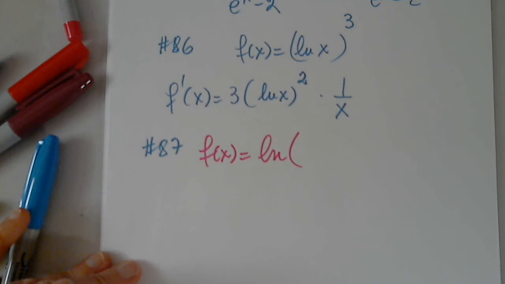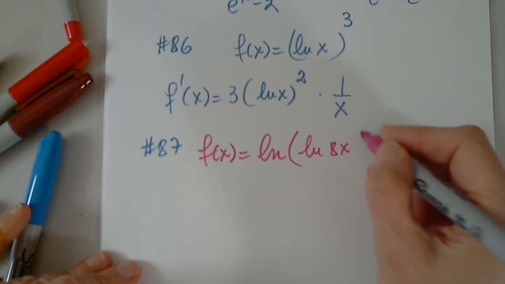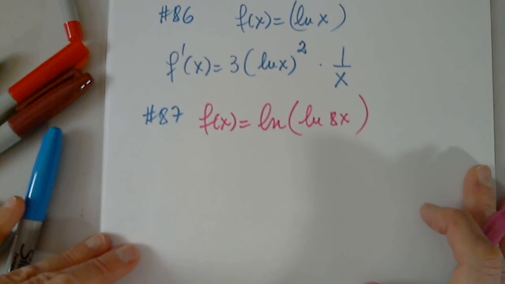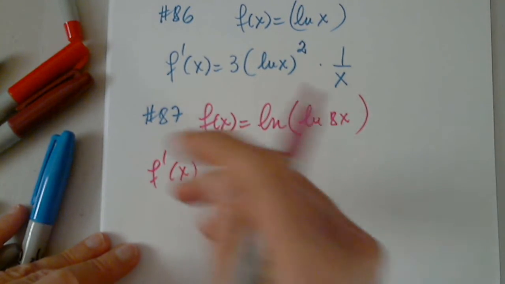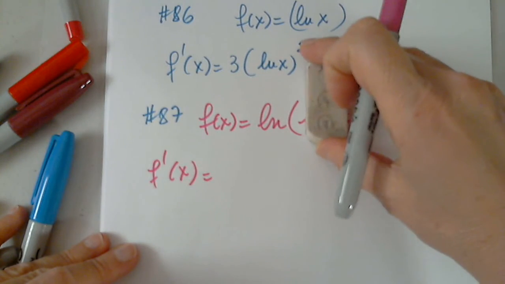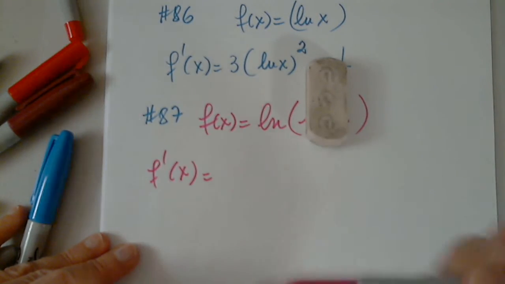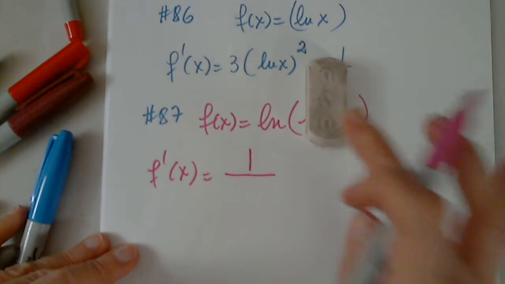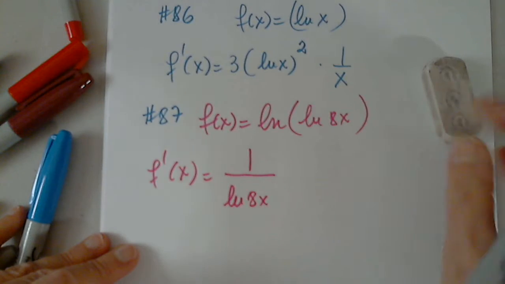So in 87, we have natural log applied to natural log of 8x. So f prime. I have natural log of a function. So then this must be 1 over the inner function, which happens to be natural log of 8x.